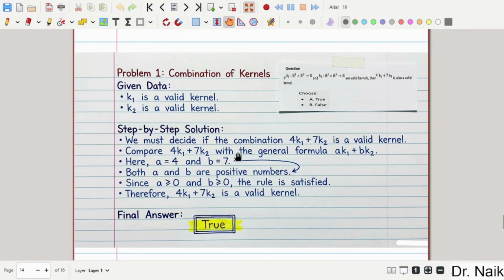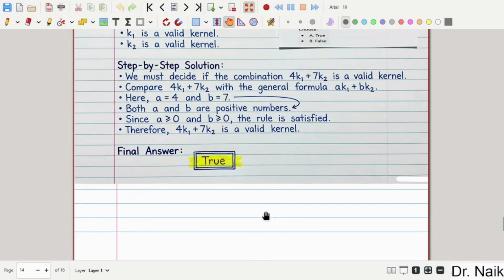A is 4 and b is 7. Both a and b are positive numbers and they are greater than or equal to 0. Therefore, they satisfy our rule. Therefore, 4k1 plus 7k2 is a valid kernel. Therefore, our final answer is true.